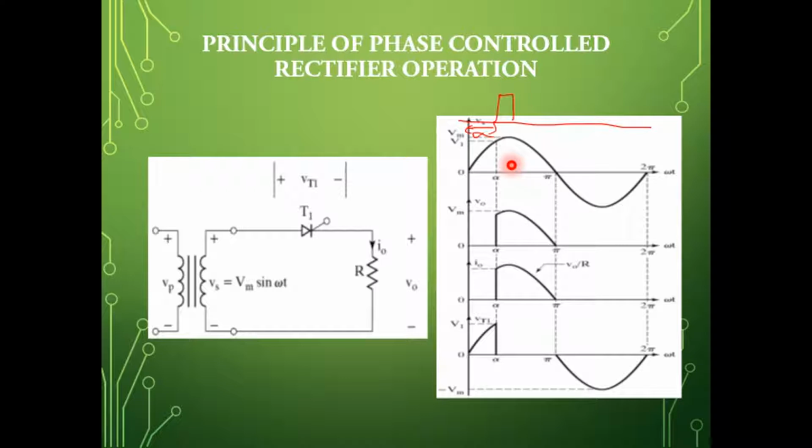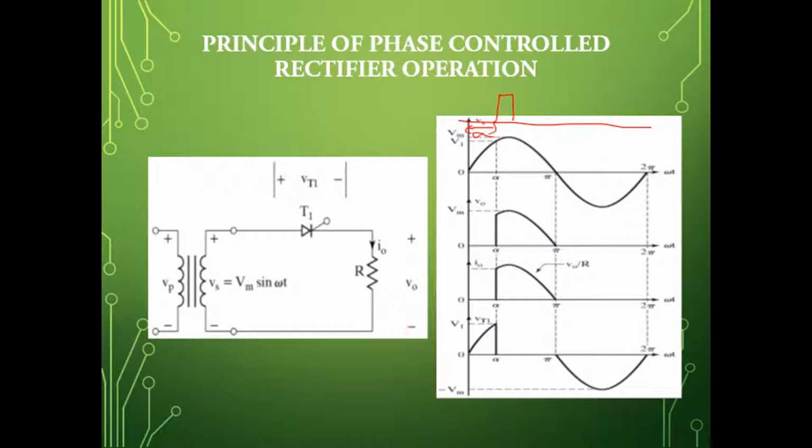It will conduct only when you have applied the gate signal. That means from 0 to alpha, even though the thyristor is forward biased, it will not conduct. Okay, so 0 to alpha interval, the current doesn't flow through the load.